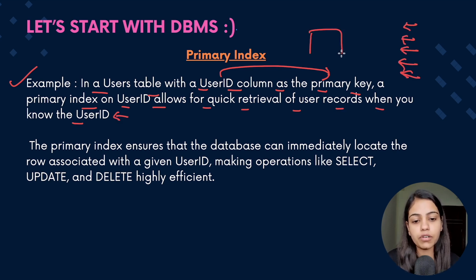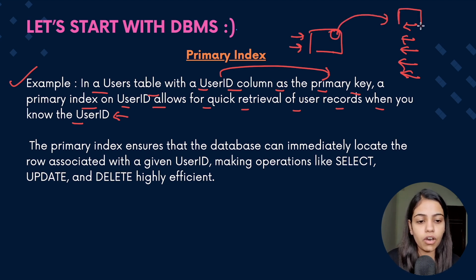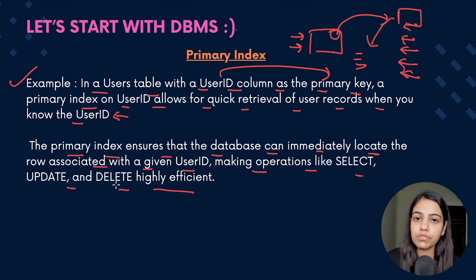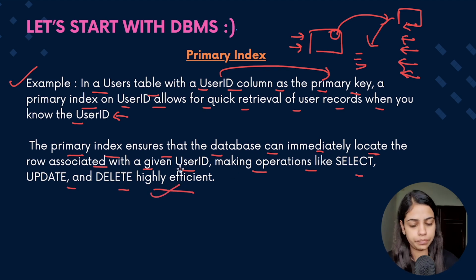Rather, what we will do is go to the index table, and when we know the user ID, we'll search in the search key, and wherever we find the block pointer corresponding to that, we'll go to that particular block, bring that block into our memory, search for those particular values and get the details easily. So the primary index ensures that the database can immediately locate the row associated with a given user ID, making operations like select, update and delete highly efficient. So it makes these operations like select, update and delete highly efficient when we know the user ID.